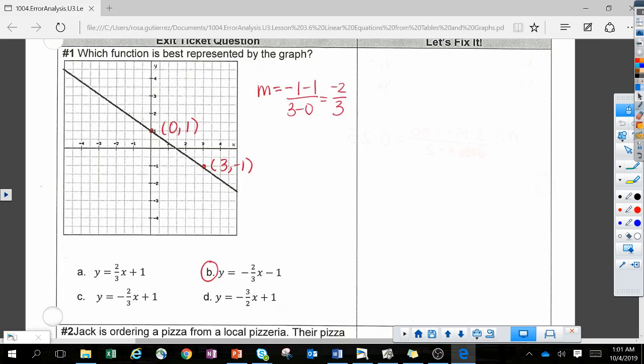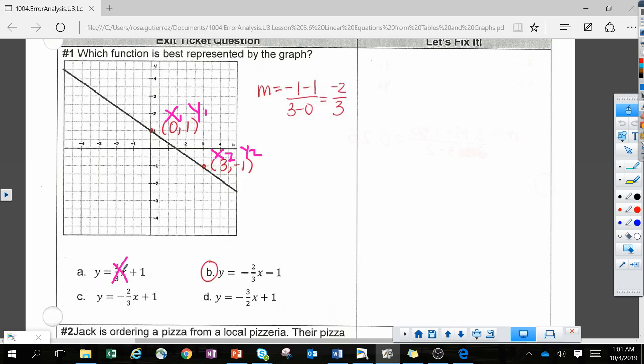So we see that this person clearly found their 2 points and labeled this x1, y1, this is x2, and y2, and then they used it in this formula here, negative 2/3. And so as soon as you see that the slope is negative 2/3, then I can cross off A because that has a slope of positive 2/3.